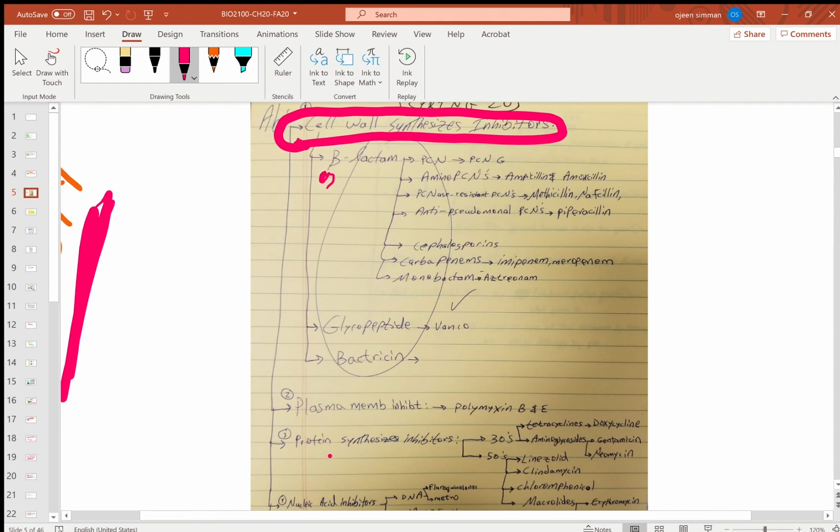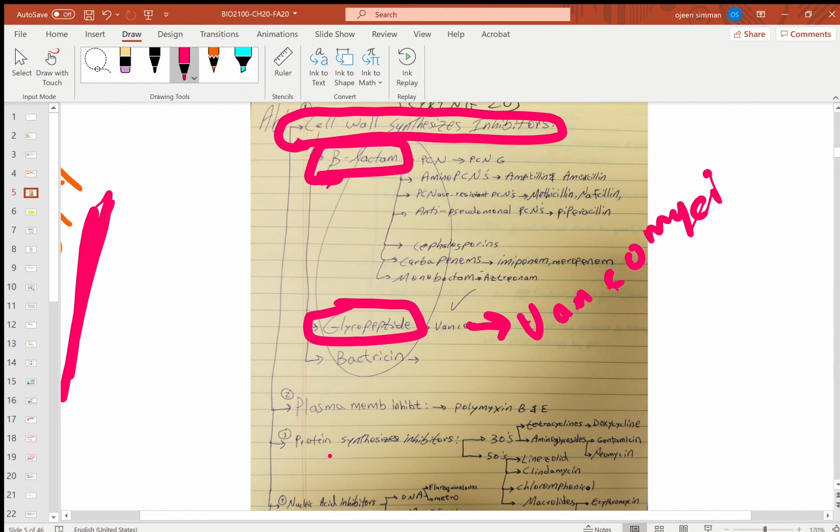First, the beta-lactams group, the class of antibiotics that have a beta-lactam ring in their structure. The other is the glycopeptides, which only includes one, which you've probably heard of, vancomycin.